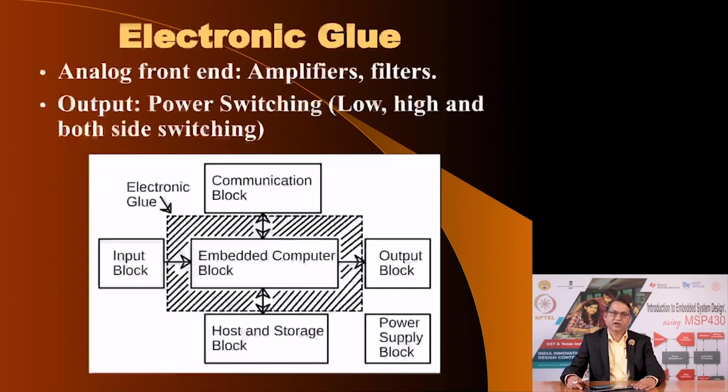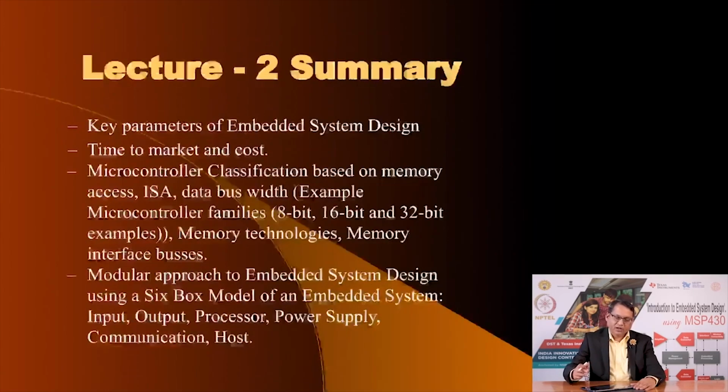So, here we are at the end of this current lecture, where we have seen the various parameters in choosing the microcontroller appropriate for a given application through time to market and cost considerations.